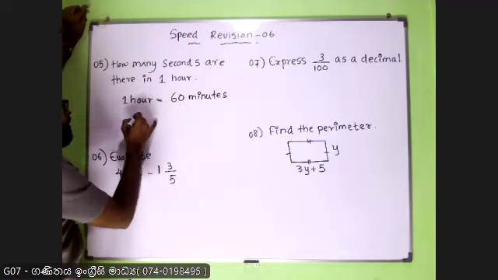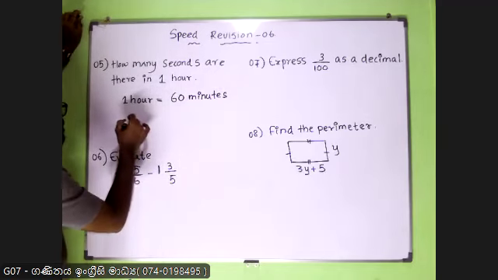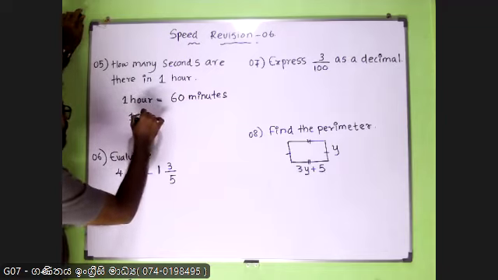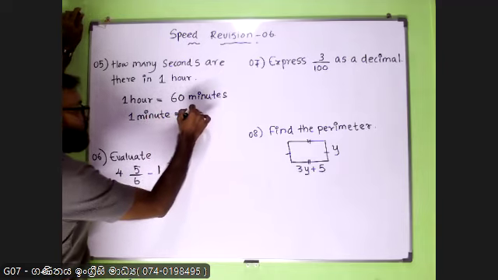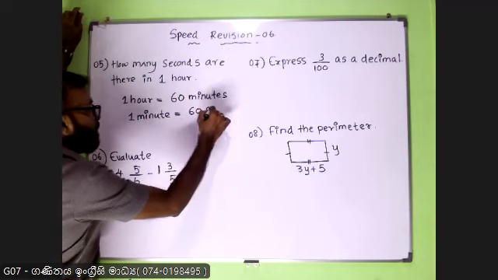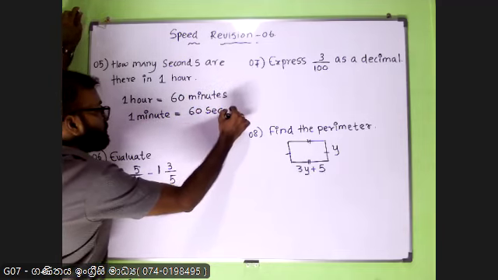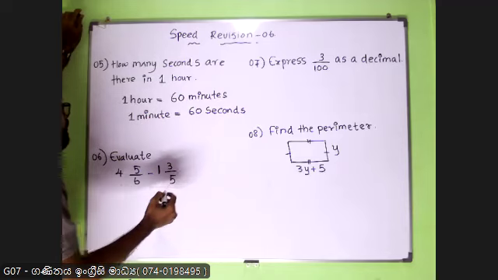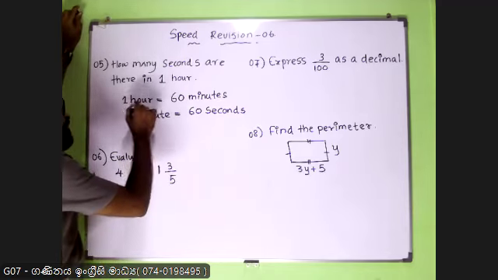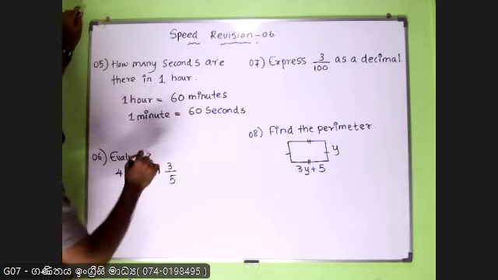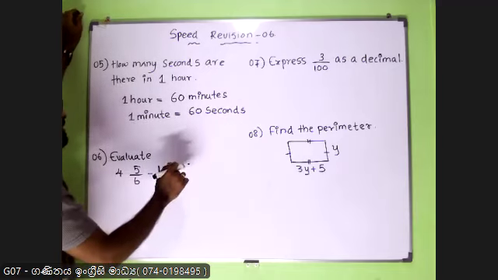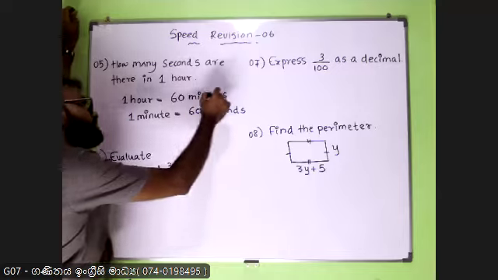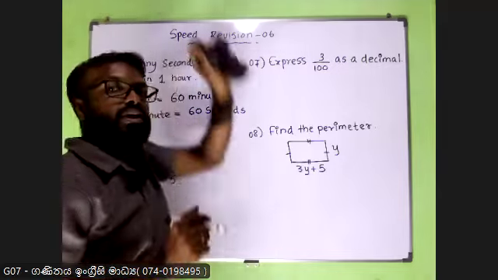Then how many seconds are there inside the 1 minute? 60 seconds. Right? Now, inside 1 hour, there are 60 minutes. Inside 1 minute, there are 60 seconds. Now, inside 60 minutes, how many seconds are there?